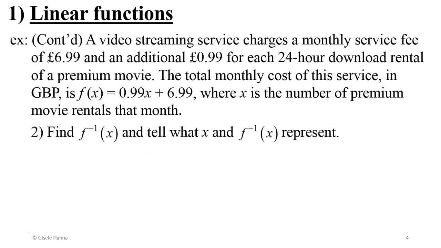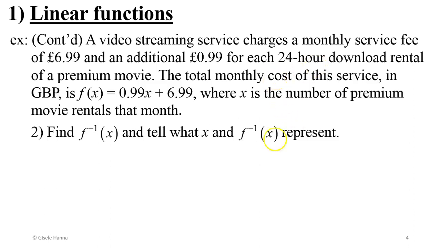I'm going to keep the given at the top so we can actually see all the givens we have. In part 2, they're asking us to find the inverse of f and tell what x and f inverse of x represent, what x in the expression of the inverse represents, not in the original function. First we're going to start by finding the inverse.